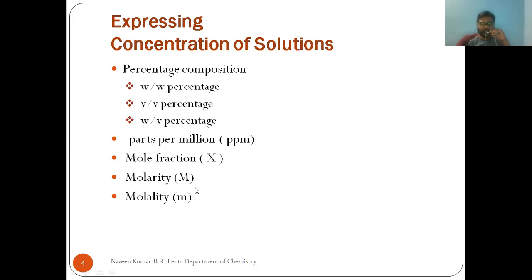Whereas molarity, where there is a volume term in its calculation, will vary based on the temperature conditions. Hence it is a temperature dependent concentration term.